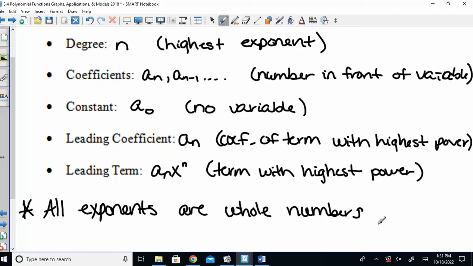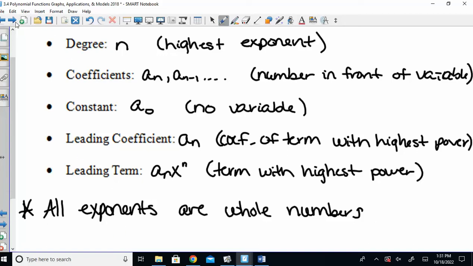All those powers of x have to be like 1, 2, 3, 4, and so on. When you're looking at the graph, it's always going to be a nice smooth curve. There's no breaks in the graph, there's no corners like you see in an absolute value. It's just a curve that keeps going forever. We can use transformations sometimes. Any of the transformation rules we have still work with these.